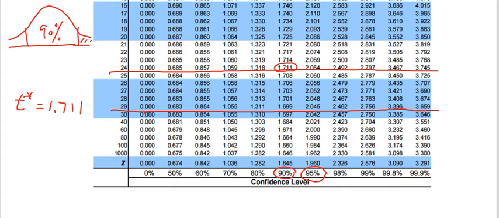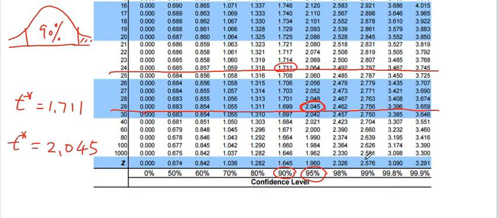Okay, so we find this cutoff point, T star, is 2.045. Okay, so this is what T star is.